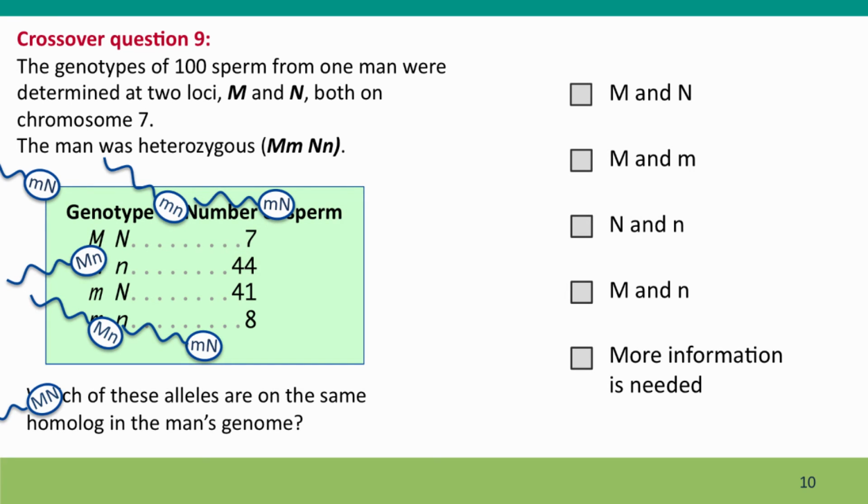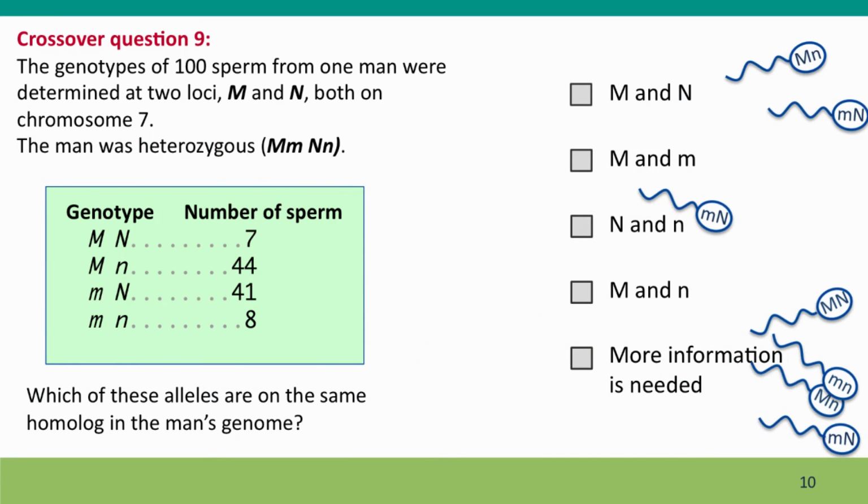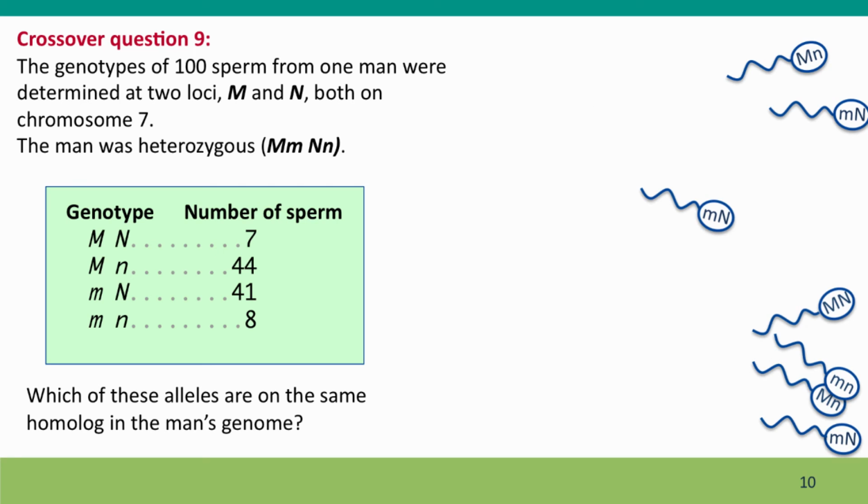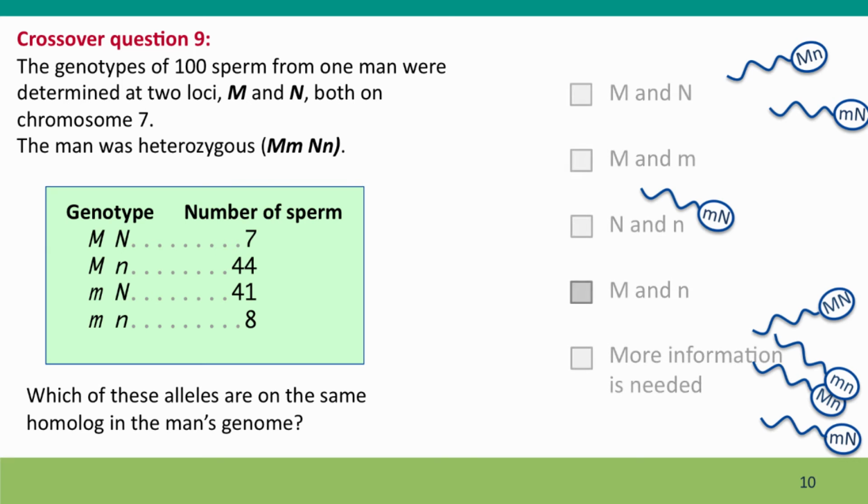So here's the problem. You're given the genotypes of 100 sperm, and you have to use this information to infer which alleles were on the chromosome he inherited from his mom and which on the chromosome he inherited from his dad. And the correct answer is that the big M and little n alleles would have been together on the same homolog.